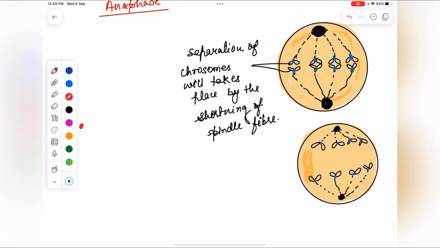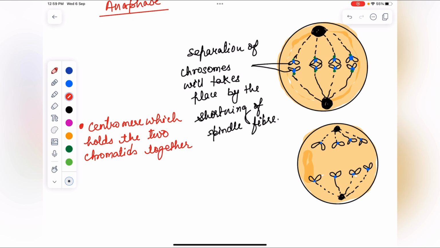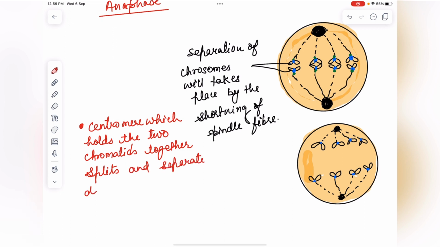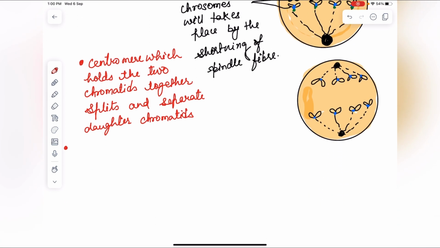First point is the centromere, which holds the two chromatids together, splits and separates daughter chromatids. Next point is the shortening of the spindle fiber.